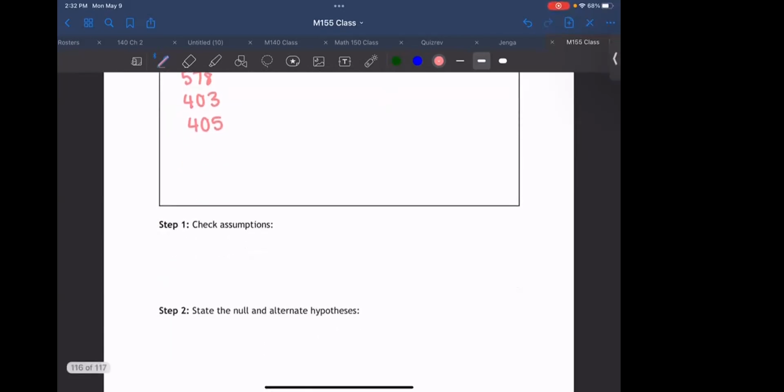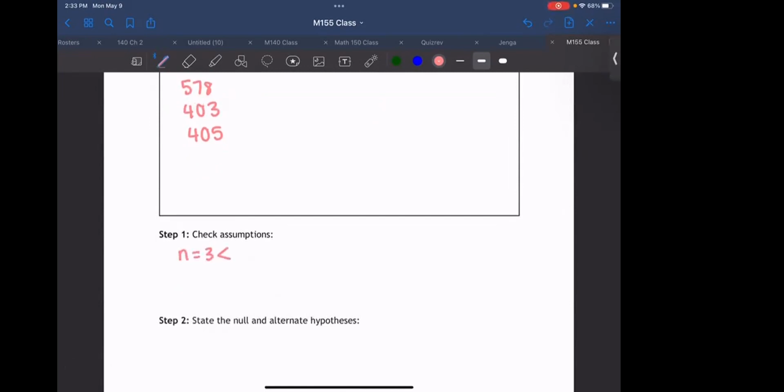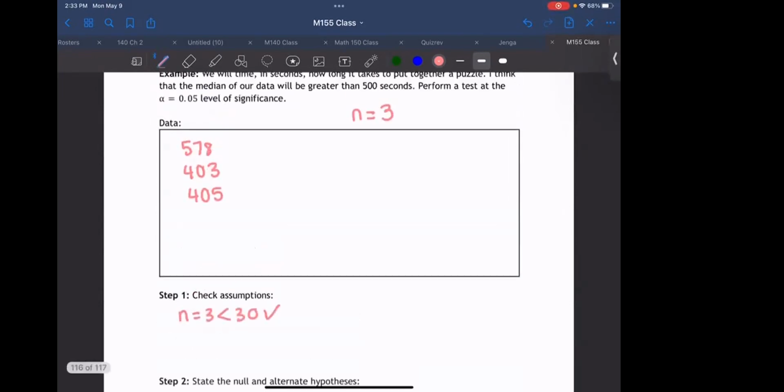Okay. Step 1, we're going to check our assumptions. We have to check for 2 things for nonparametric tests. Is n bigger than 30? No, right? N is less than 30, which is actually a good thing for this section, right? We don't want a big sample size. We want something really small. The second thing we have to do is we need to go up to the situation.